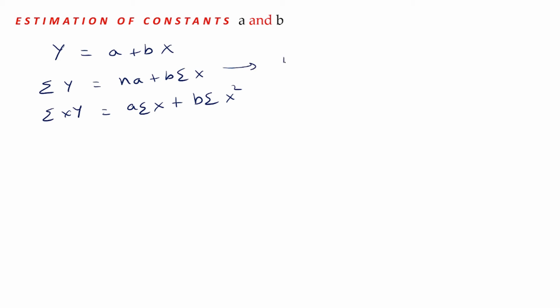These two equations are called the normal equations. And now we have one important thing: we have to have summation x as 0.